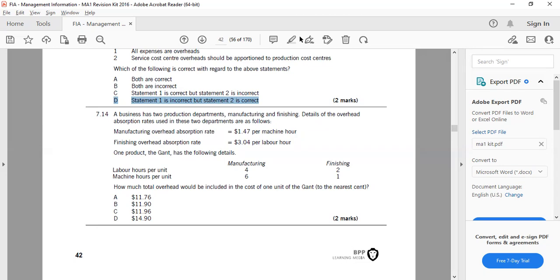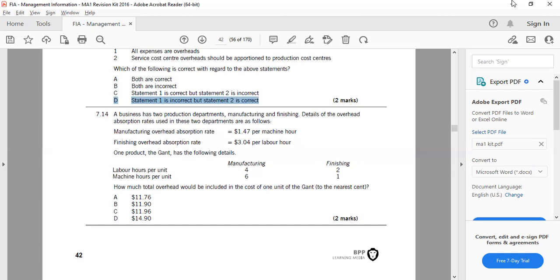Then in finishing overhead, we are going to use labor hours per unit, which is 2. So we are going to multiply 6 by 1.47. And in finishing overhead absorption rate, we are going to multiply 2 by 3.04, and then we add. After adding, we get the answer.